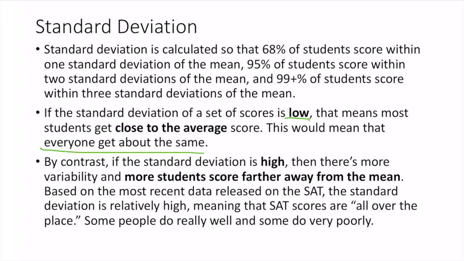Based on the most recent data released on the SAT, the standard deviation is relatively high, meaning that SAT scores are all over the place. Some people do really well and some people do very poorly.